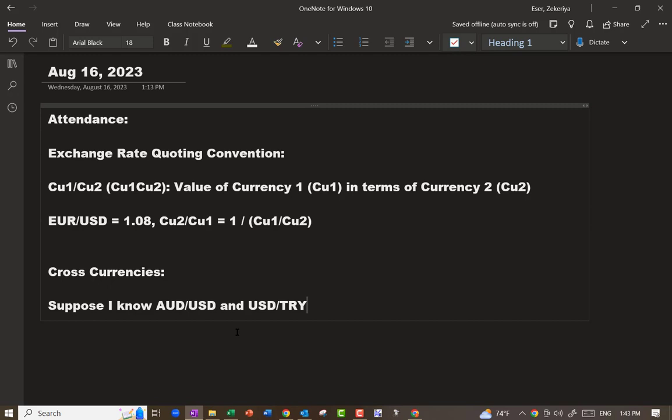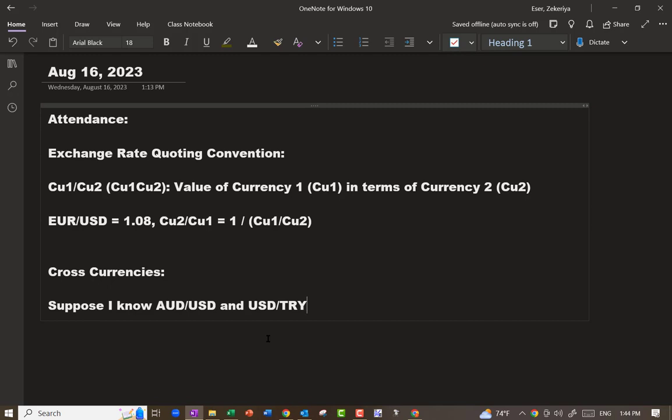Suppose I know Australian dollar slash USD, which means the value of one Australian dollar in US dollar, and the value of one US dollar in TRY. For almost all currencies, the market for the exchange rate against the US dollar is pretty active.